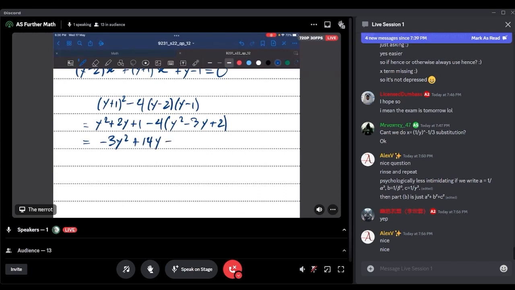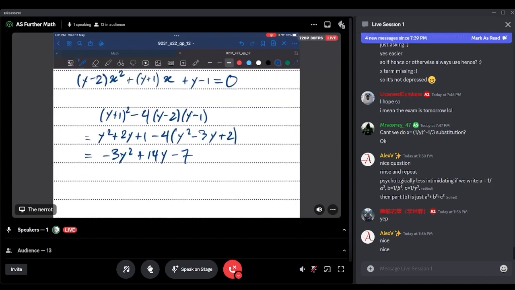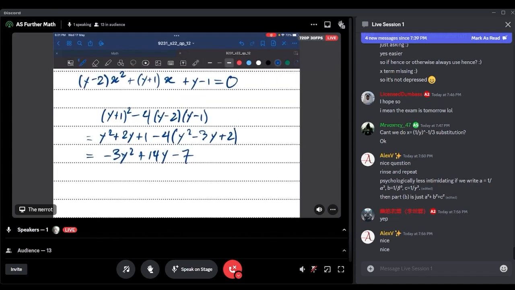Is this correct? I hope this is correct. Let me verify one more time. No, I don't think this is correct. Did I make a mistake somewhere?